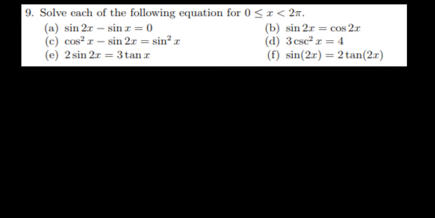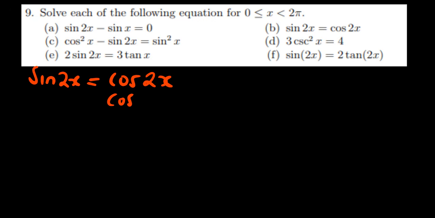So B is sin 2x equals cos 2x. Okay, now this is very, very interesting. So what can we do in this case? Let's divide by cos on both sides so that we have tan.